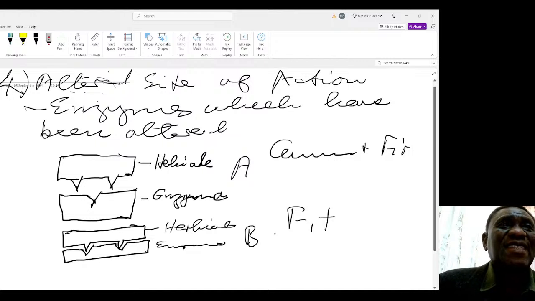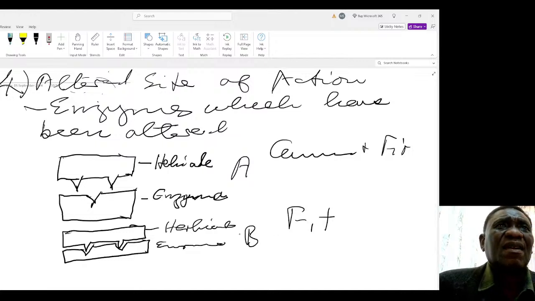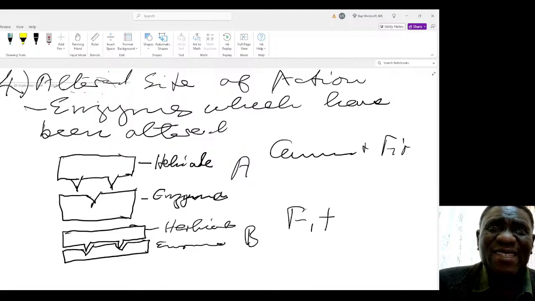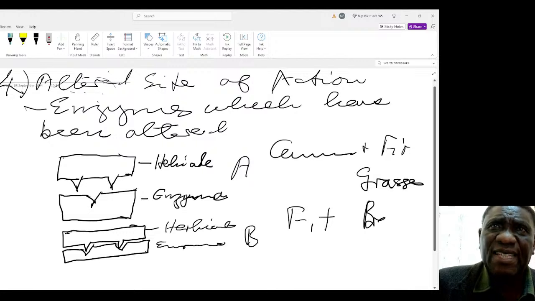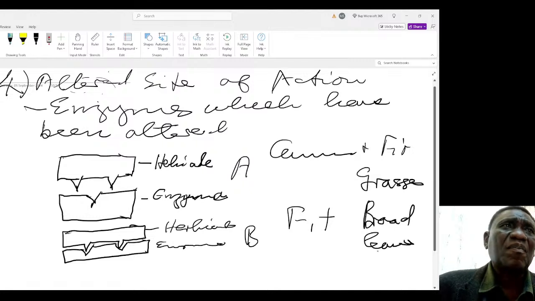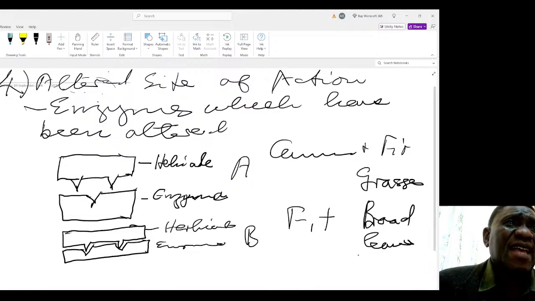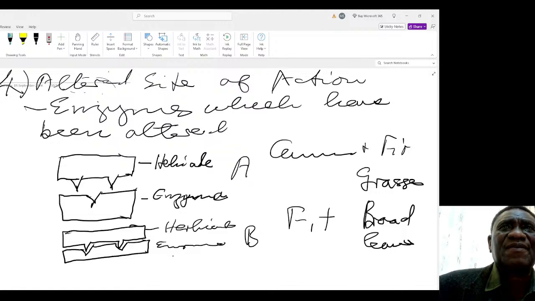So what happens is that we have grasses and broad leaves. Now in grasses, we have herbicides which can perfectly fit to the enzymes, and the grasses will die.